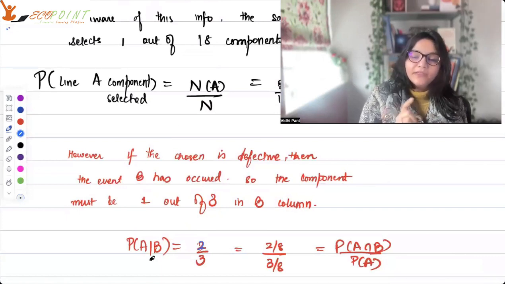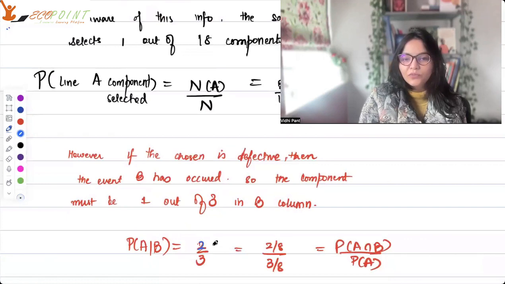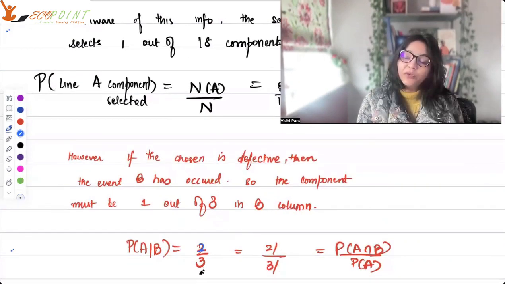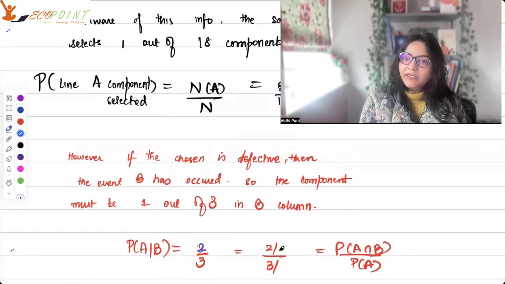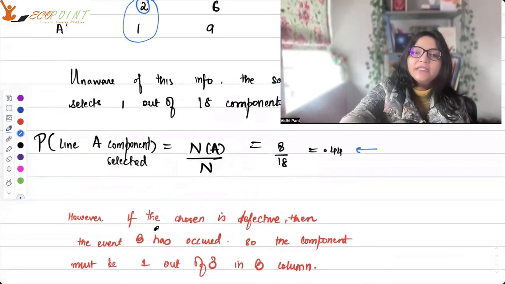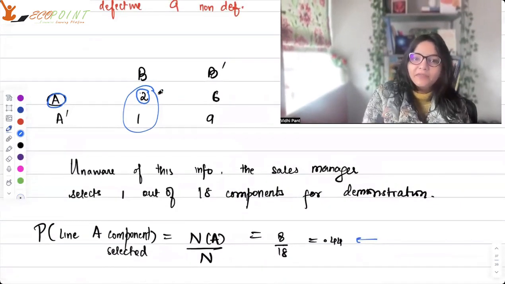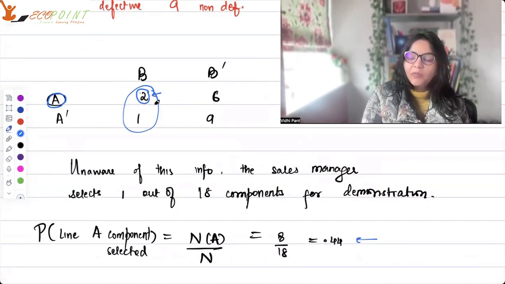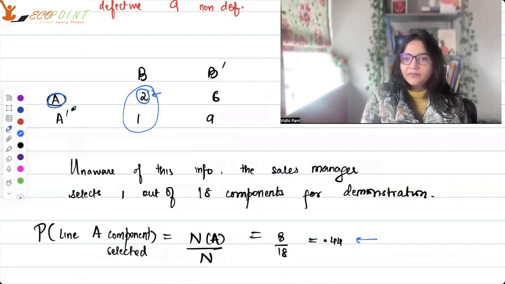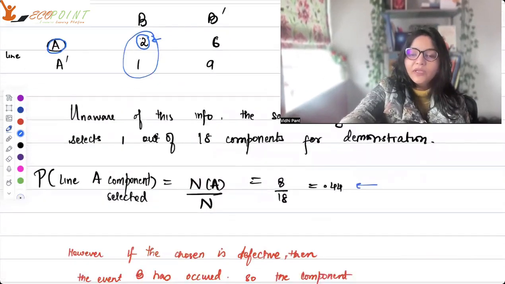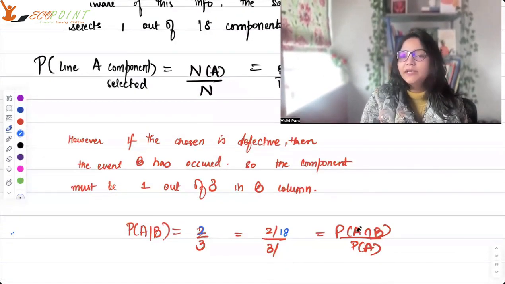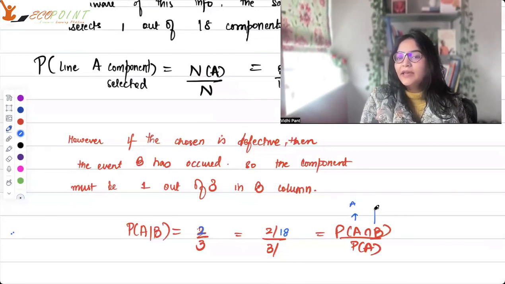Okay. In other words, if you observe, what is this 2 and what is this 3? This 2 can be interpreted as 2 by 18. 2 by 18 is what? 2 by 18 is the probability of defective and from A. So you can interpret it as probability A intersection B, as in it's coming from A and it is defective also.